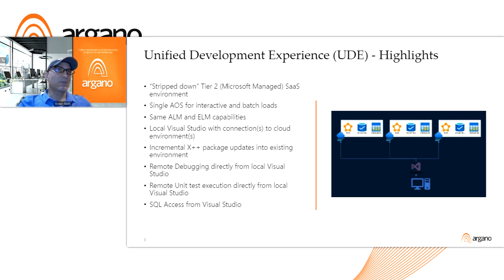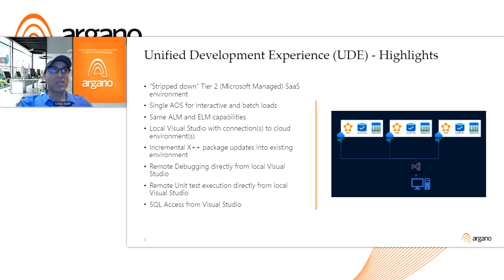The AOS will be handling various processes, either real-time or interactive, as well as batch process loads. From the perspective of application lifecycle management, the capabilities are the same here in the UDE.